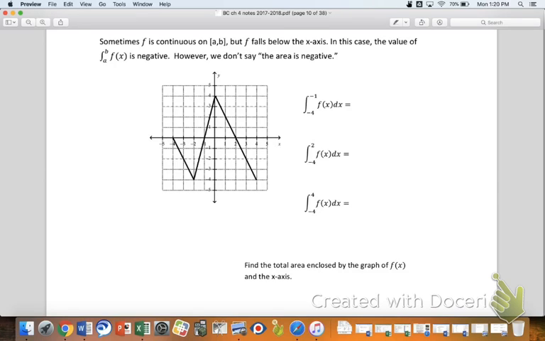An infinite summation of these really skinny little rectangles. And so if you tell the integral to add up a bunch of positive numbers, guess what's going to come out? And if you tell a definite integral to add up a bunch of negative numbers, what's coming out? A negative, right? That's all it's doing, just adding up all these either positive or negative or a combination of the two numbers.